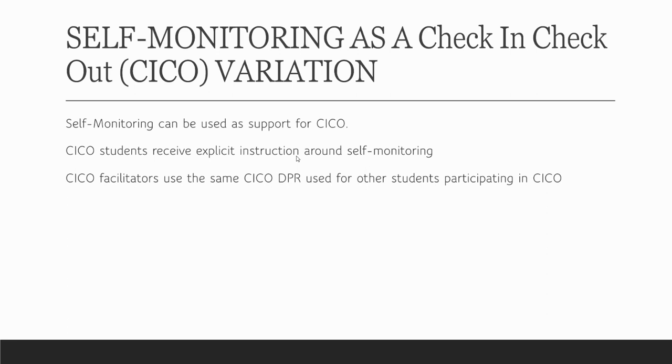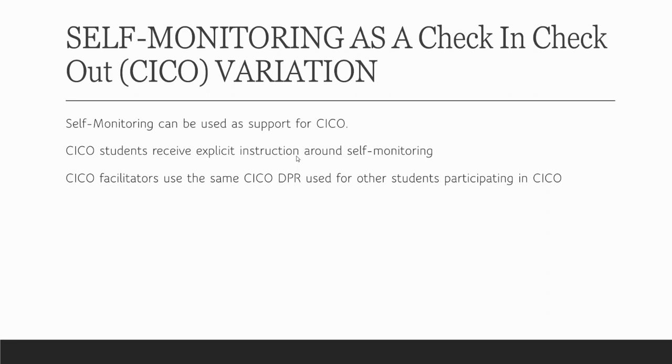It can be used as a student is having positive responses to the intervention, whatever intervention, check in, check out, social skills intervention groups, to begin fading those students as they are having a positive response.